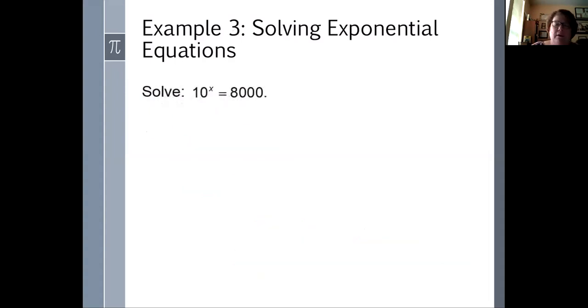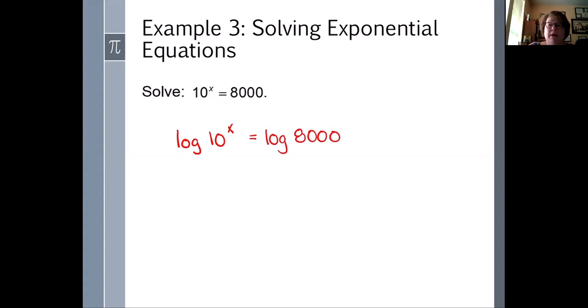All right, how about this one? 10 to the x equals 8,000. First, is the exponent isolated? Yes. Second, what's the base? The base is 10. So I'm going to take the common log of both sides. What's the log of 10 to the x power? Well, again, the base is 10.